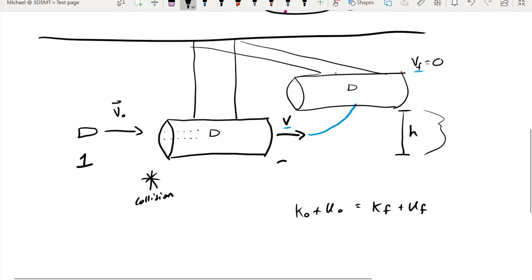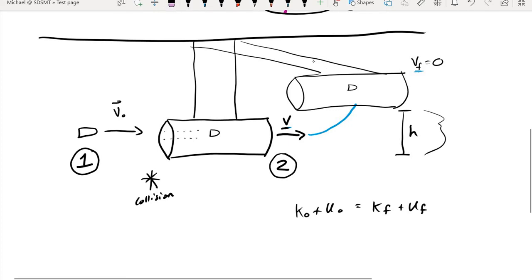Then we will have location 2. And this is going to be the point right after the collision. So after the collision, the bullet has transferred energy and momentum into the log, and the log is being carried away with this velocity right after the impact moment.